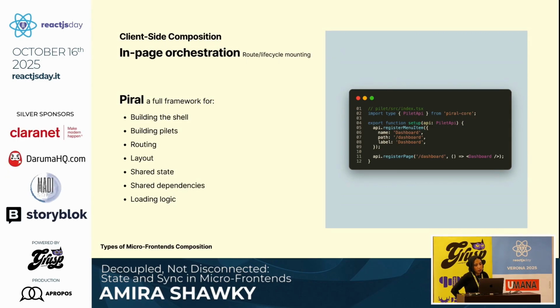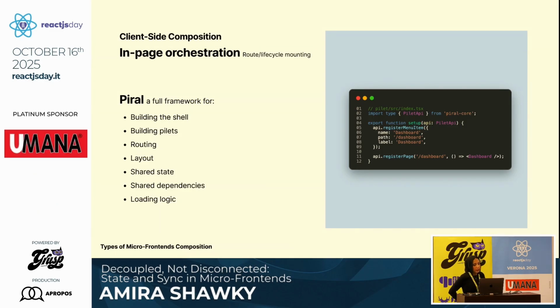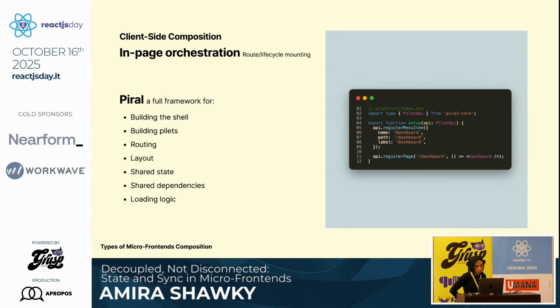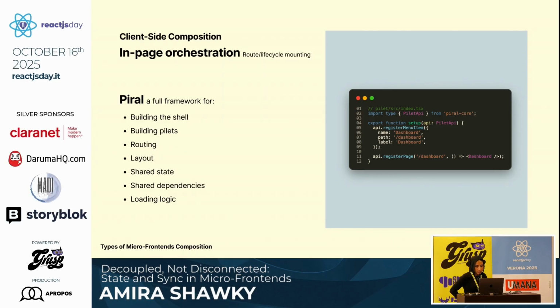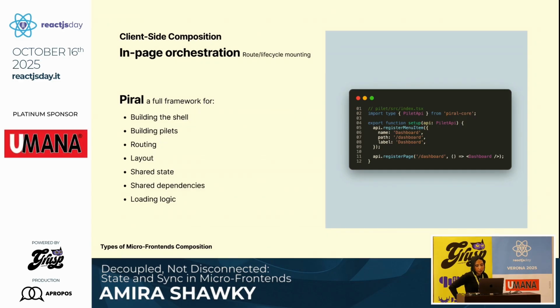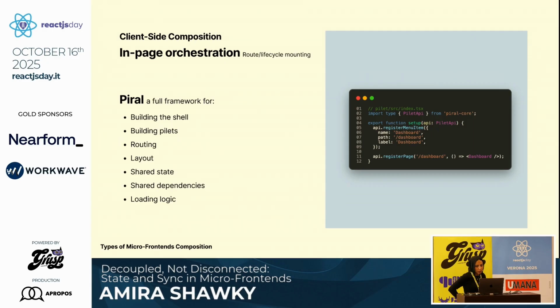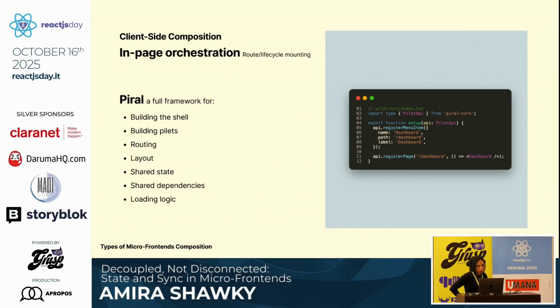Unlike single-spa, which is primarily an orchestration runtime, Piral provides a full framework for building the shell as the host app and building pilets as micro-frontend applications. It can handle routing, layout, shared state, shared dependencies, and some logic also.